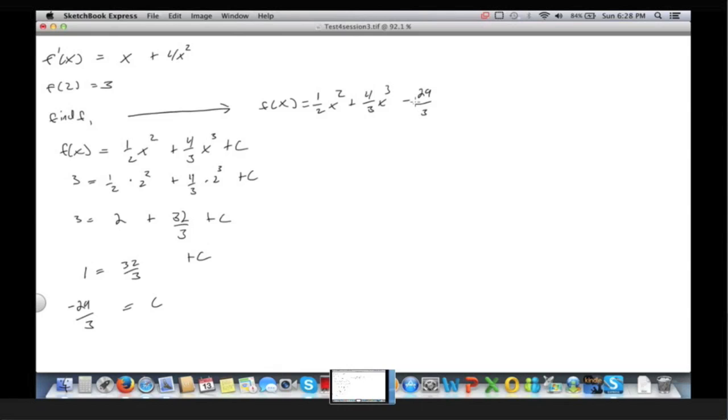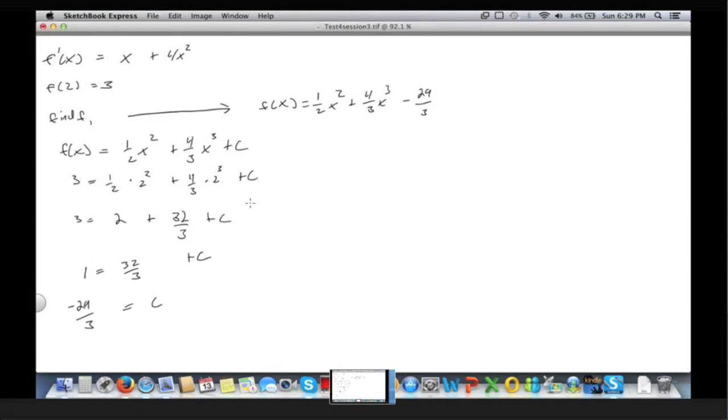If we take the derivative of this whole function f, we should get this. Excellent. Good. That's partial checking. What else do we have to check to make sure our answer is correct? If we plug in 2 for x, we should get 3.